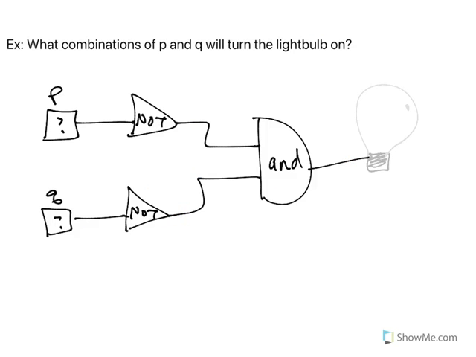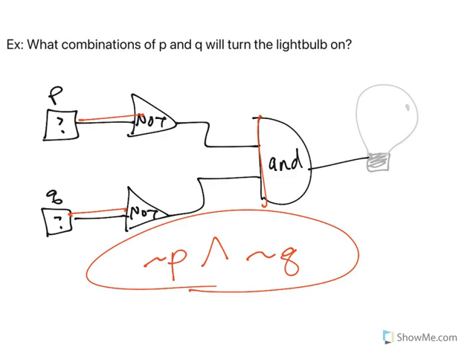Okay, let's look at another one. What combinations of P and Q will turn the light bulb on? Okay, so again, think about what this means. I have not P, I have not Q, joined by and. And again, we need this to be true for the light bulb to turn on.